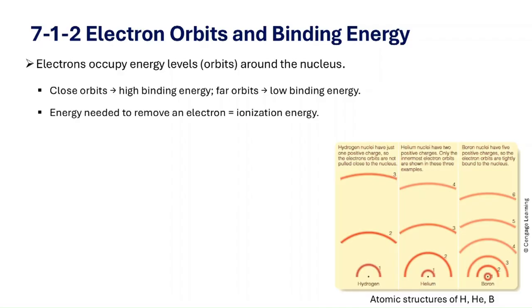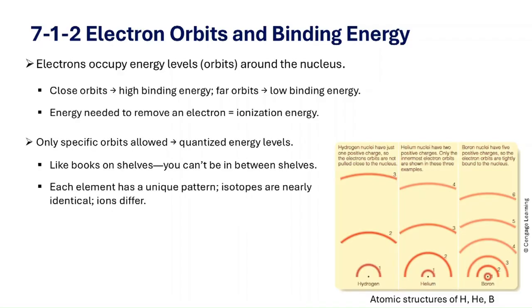Alright, now think of each allowed orbit as a shelf in a bookcase. You can put a book on shelf 1 or shelf 2, but you can't put it between shelves. That means electrons can only occupy those permitted energy levels.